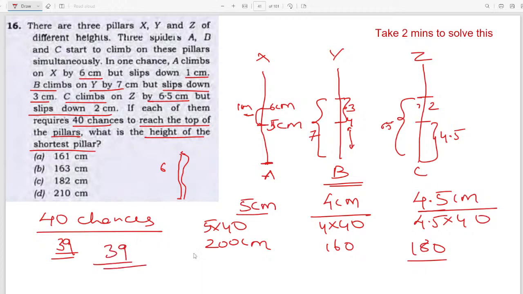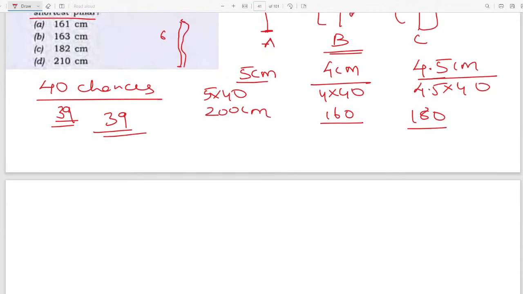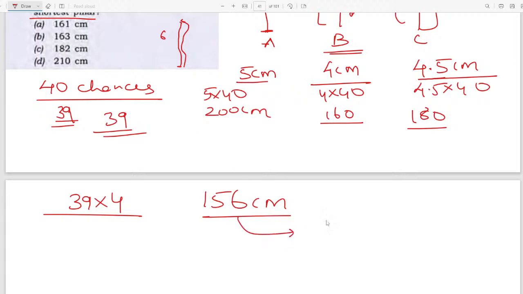In the 39th attempt, it will climb 39 into 4. That is 156 centimeters. And then they are saying on the 40th attempt it is reaching the top. So in the next attempt, what it will do, it will climb. This is 4, right?